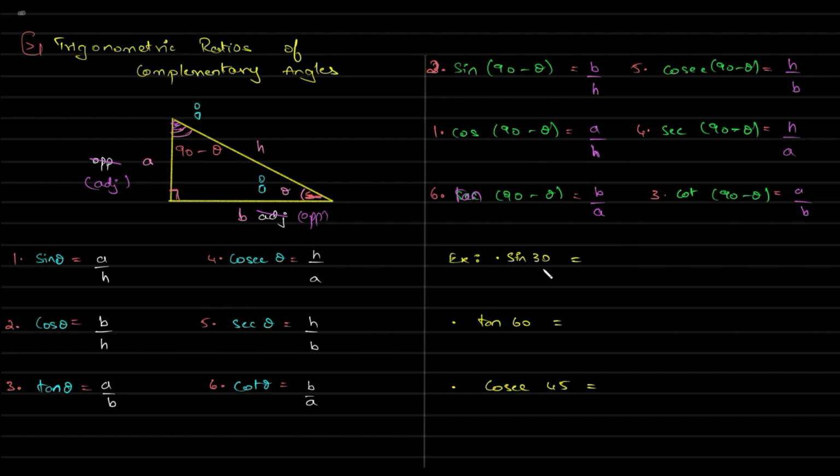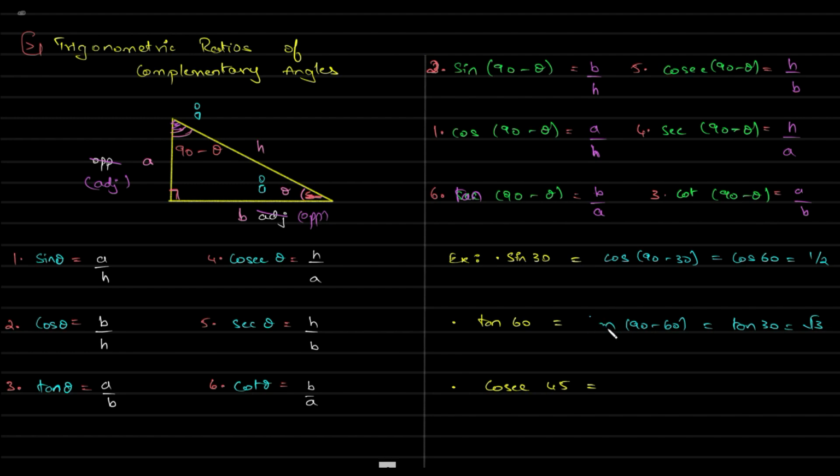So exactly what it means, I'll show you with an example. Sine 30 is cos of 90 minus 30, which is cos of 60. So all of this is equal to half, right? Tan 60 is tan of 90 minus 60, which is equal to tan of 30, which is equal to 1 by root 3.